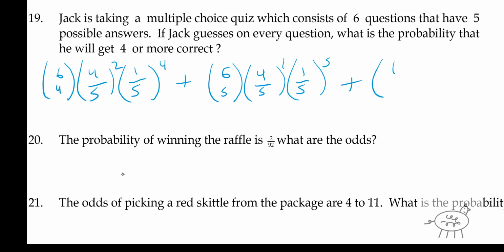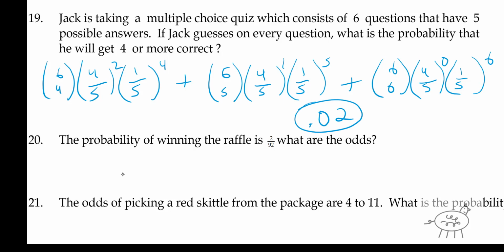Or all of them correct, 6C6, 1/5, 4/5. So it's going to be a 6 and a 0. Okay, so you get 0.02, which makes sense. If you're guessing, to get 4 or more correct is pretty small. You're probably not going to get any correct at all.